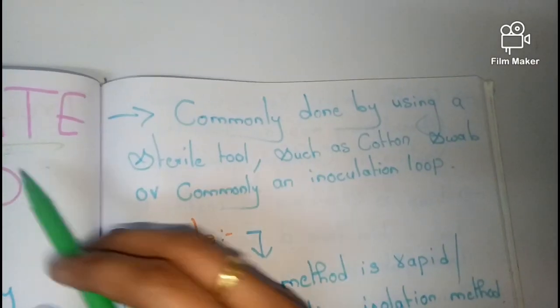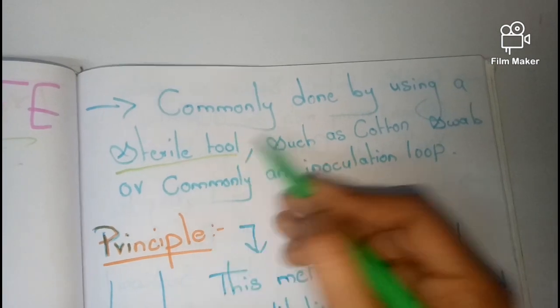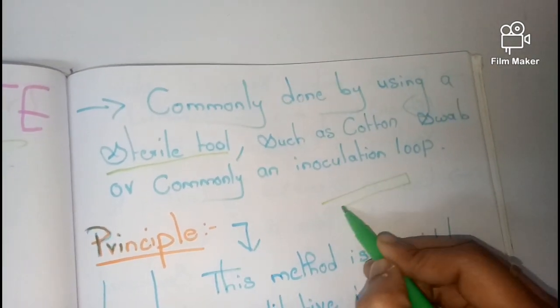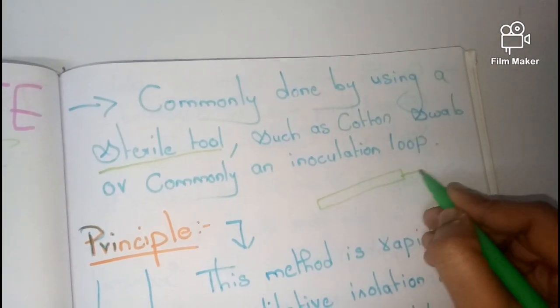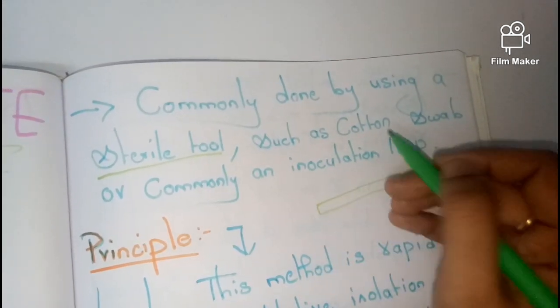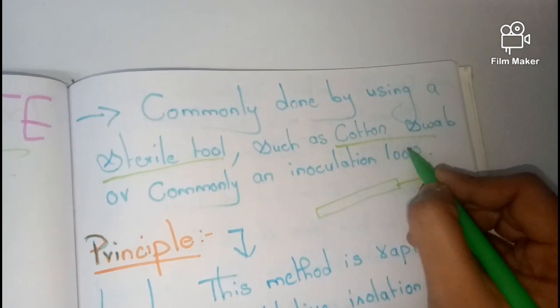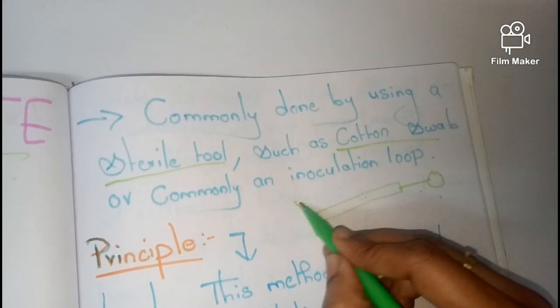The streak plate method is commonly done using a sterile loop. It looks like this. This is the sterile loop, which may be either a cotton swab, like the earbuds we commonly use, or the commonly used inoculating loop.